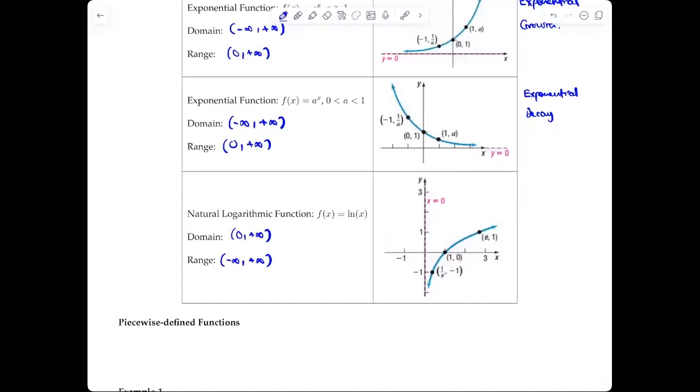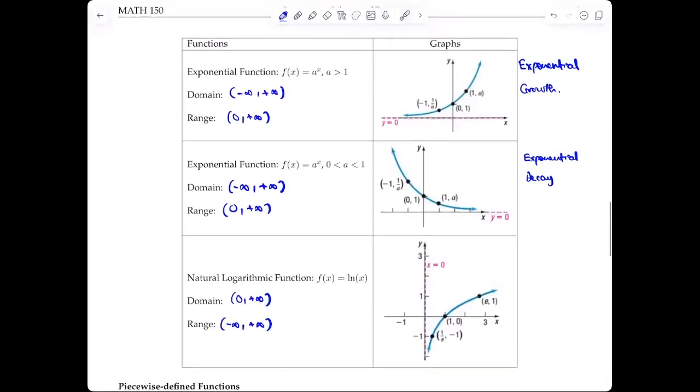You will learn a concept called inverse functions later on in the course. A function can be an inverse of another function, and it turns out that the exponential function and the logarithmic function are inverses of one another. So when you take a look at the domain and the range of these two functions, let's take a look at this function right here and this function.